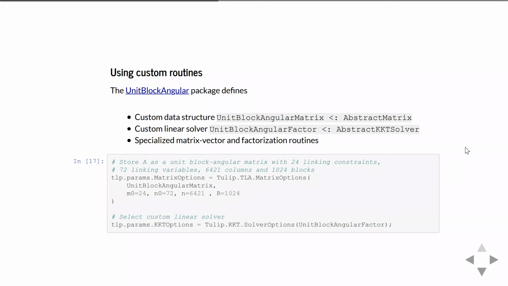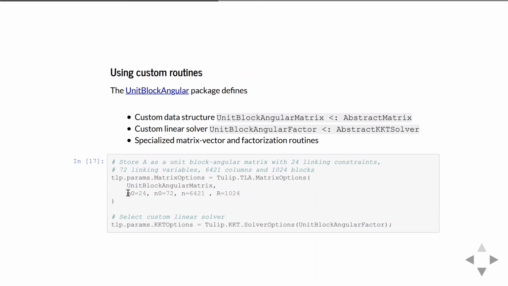So after you've loaded the problem, we set the matrix option parameter to using the unit block angular matrix with some specific parameters. So this is saying that there are 24 linking constraints, 72 linking variables, 6,421 columns, and 124 blocks.